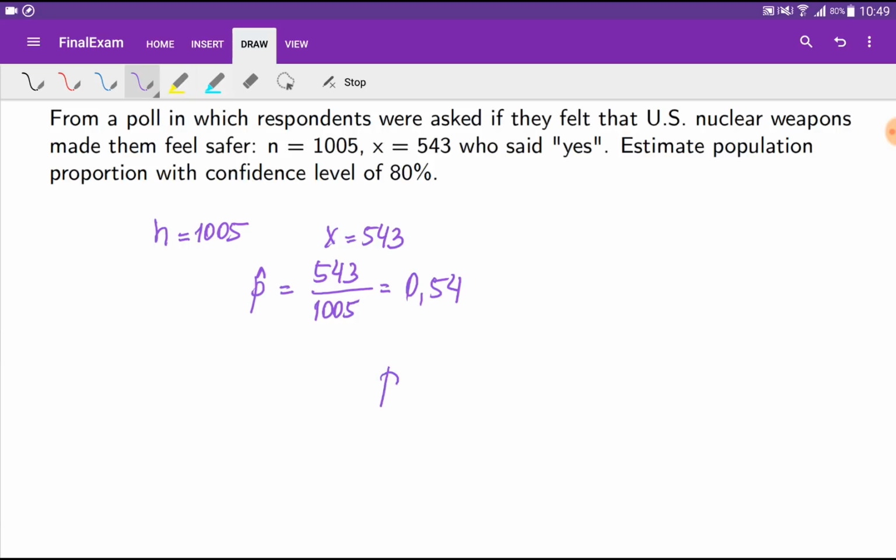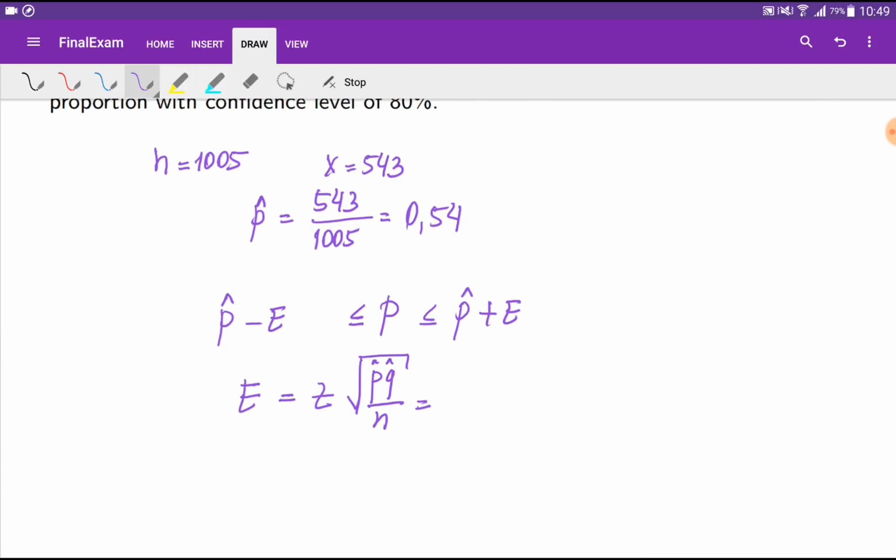We are going to estimate the population proportion by subtracting the error margin from p hat and adding the error margin to p hat. We are going to calculate the error margin by multiplying z by the square root of p hat q hat divided by n. The critical point z which corresponds to the 80% level of confidence is found in this way. The level of confidence means that the area in the middle under the standard normal distribution curve is equal to 0.8.